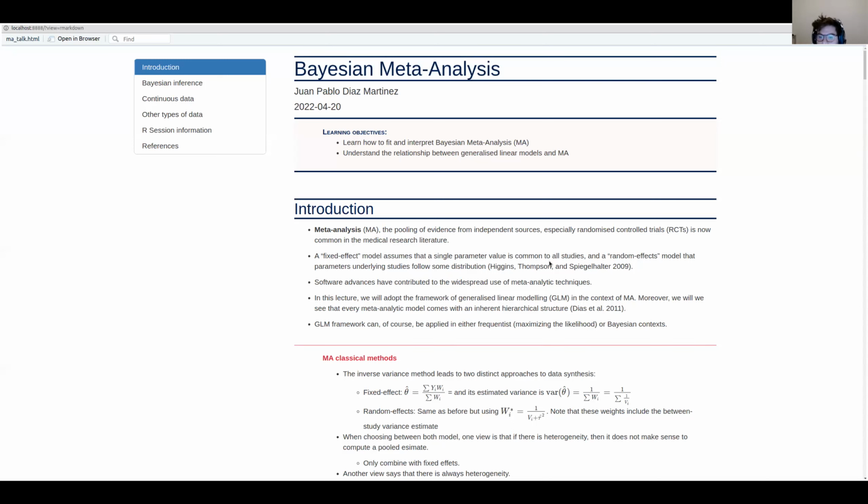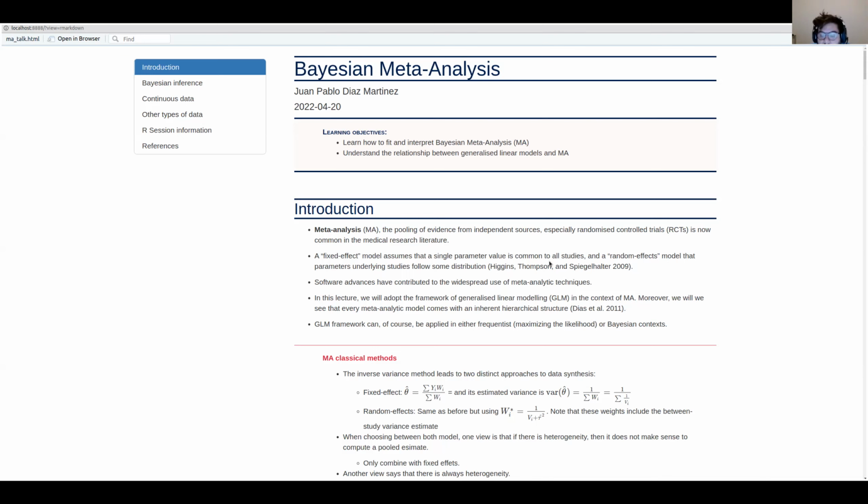Nowadays, it's more common to open R or even Stata or SAS, because of software advances. It's easier to perform meta-analysis on your computer, and that's good, because stuff that was really difficult to do on a computer 10 or 15 years ago, and took forever, now takes probably a couple of minutes.